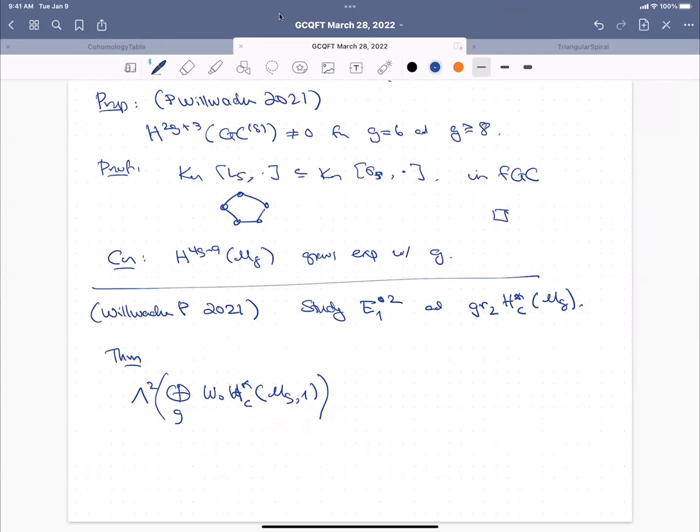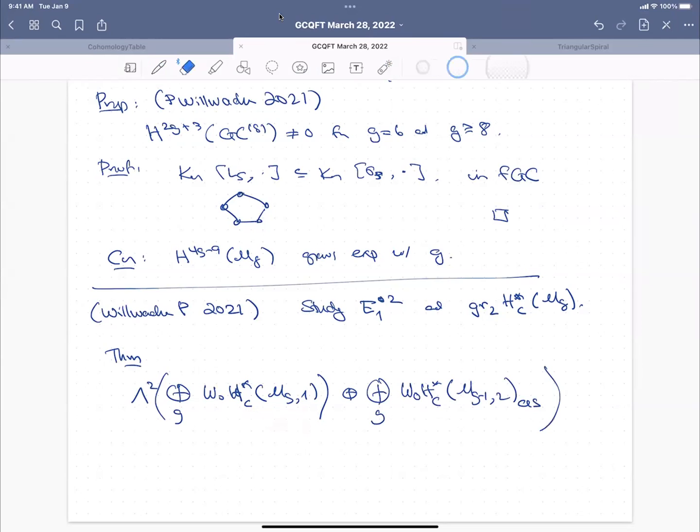And then we add the direct sum over all g of the weight 0 compactly supported cohomology of M_{g-1,2}. So two hairs, two legs, but now we take the anti-symmetric part, the part on which S_2 acts by the sign representation.